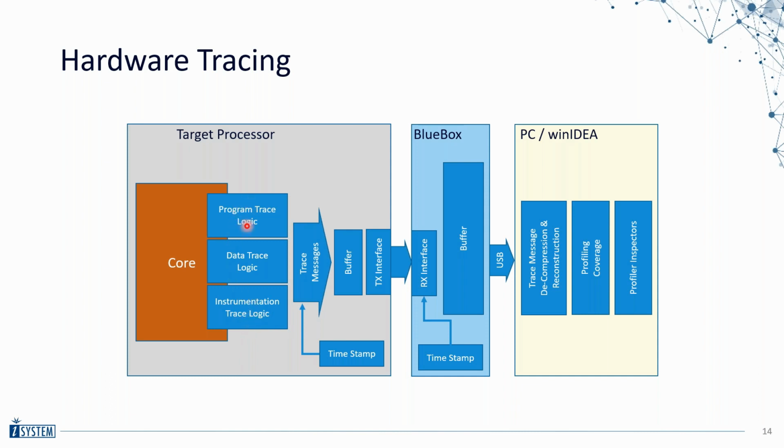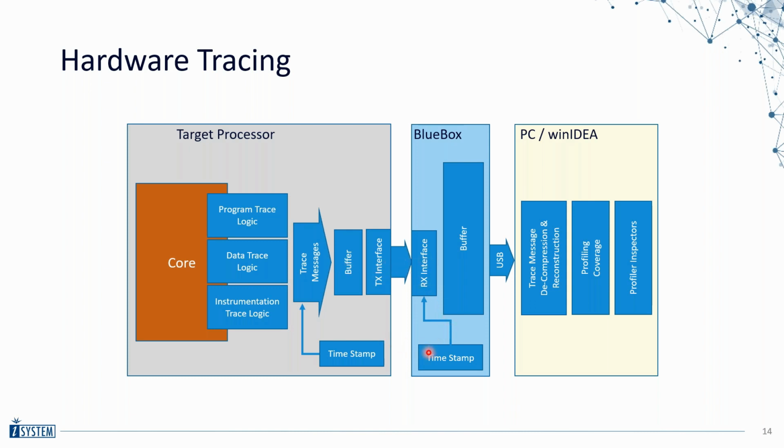Those three units are connected to the CPU core and can observe what's going on. If those blocks detect events that are of interest, a trace message is generated, a timestamp is added, the data is buffered somewhere, and then sent off chip via this dedicated trace interface.